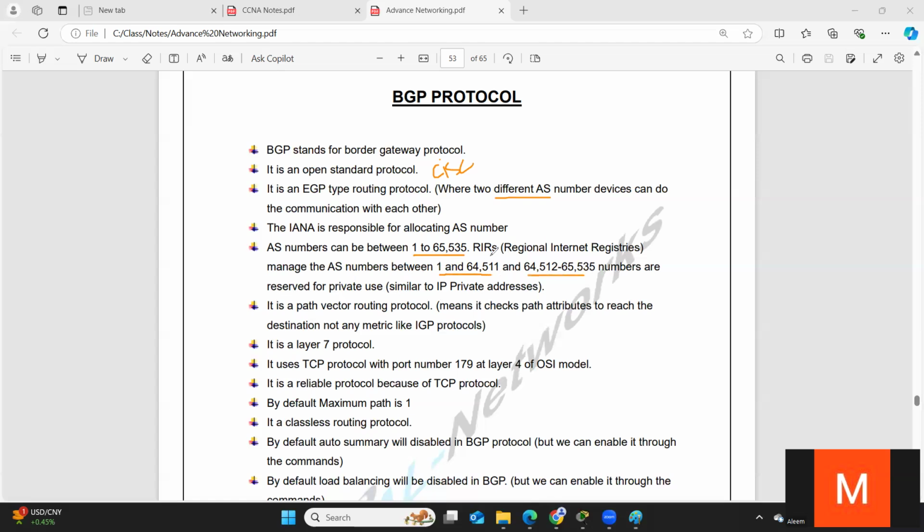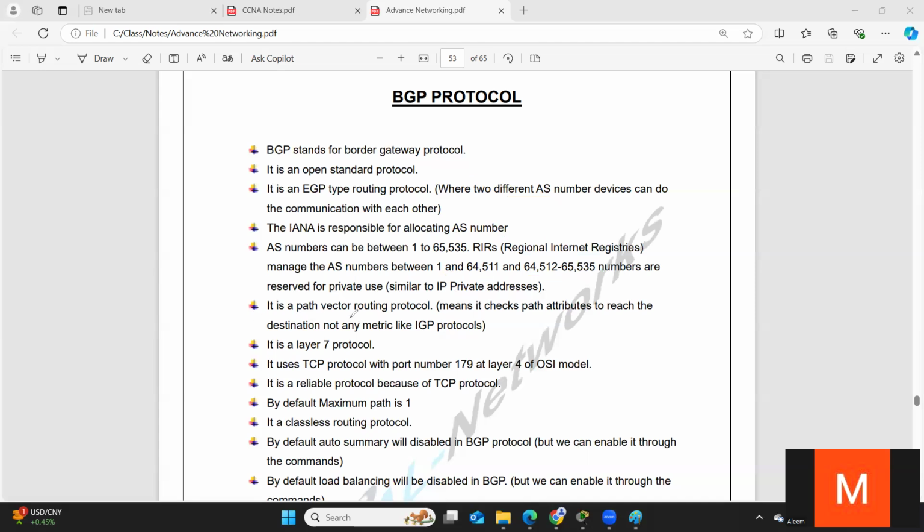The public AS number, the RIR, Regional Internet Registry, will provide. So we have to buy this AS number. The private AS numbers are free of cost, like the private IP addresses we use in the LAN network. Likewise, we can use them free of cost.